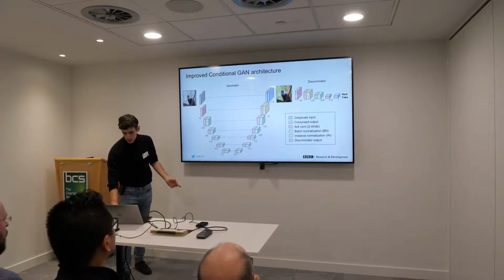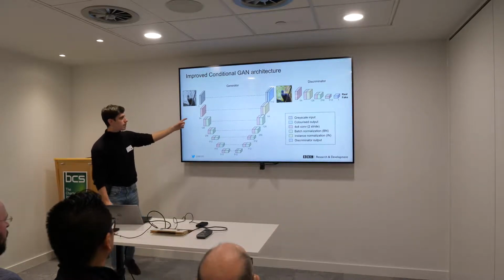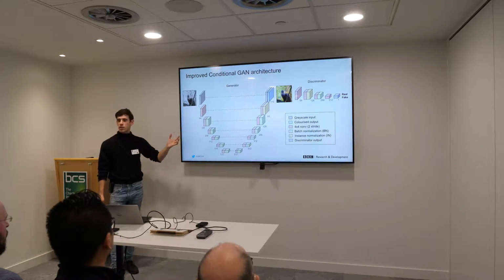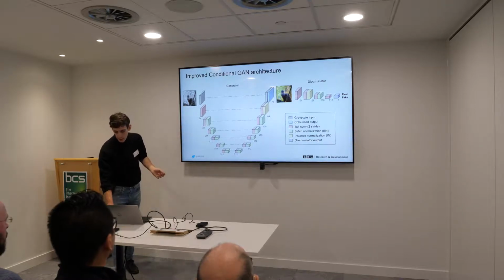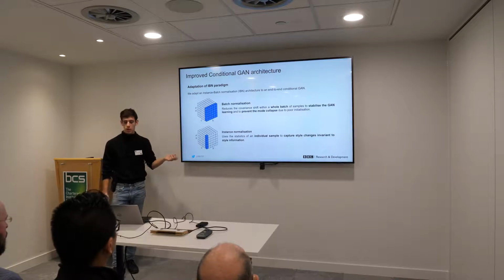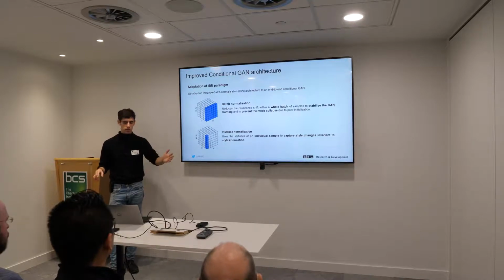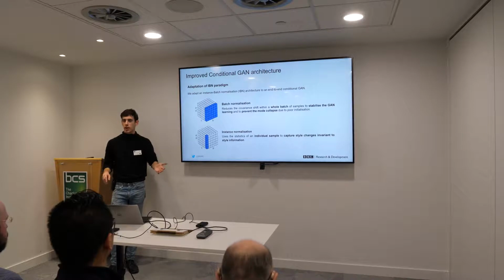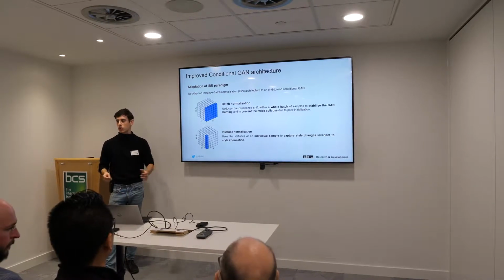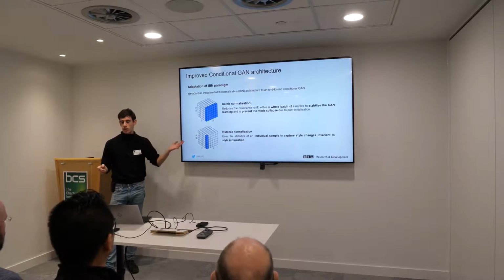As a normalization step, we are combining batch and instance normalization. The pix-to-pix model applies batch normalization with the idea of stabilizing the training of the GAN. Most of the problem in training a GAN is that it's super unstable, and in most cases it converges to a local area, which is called model collapse.